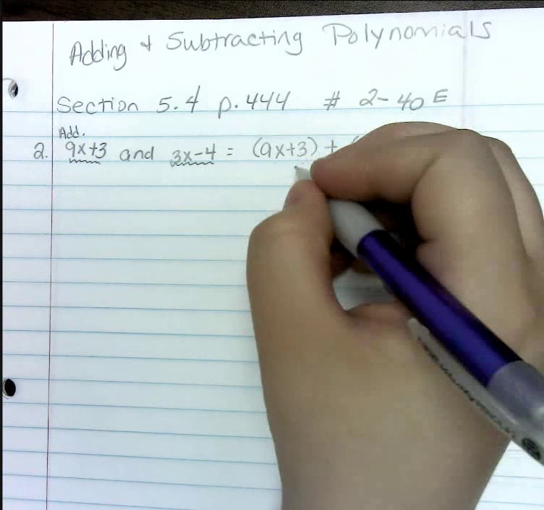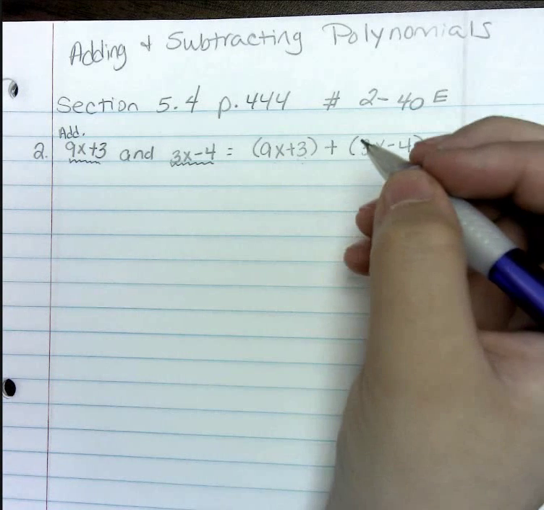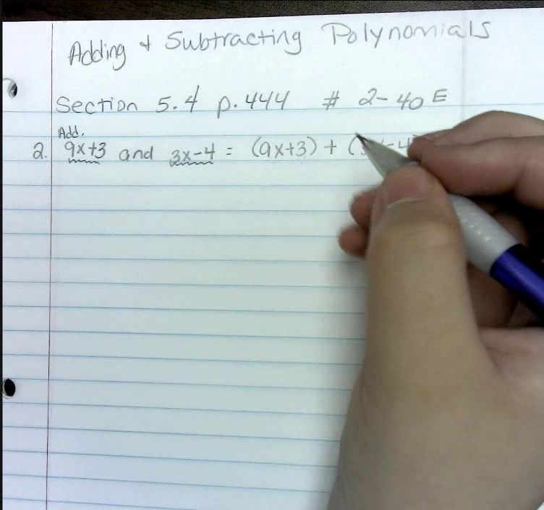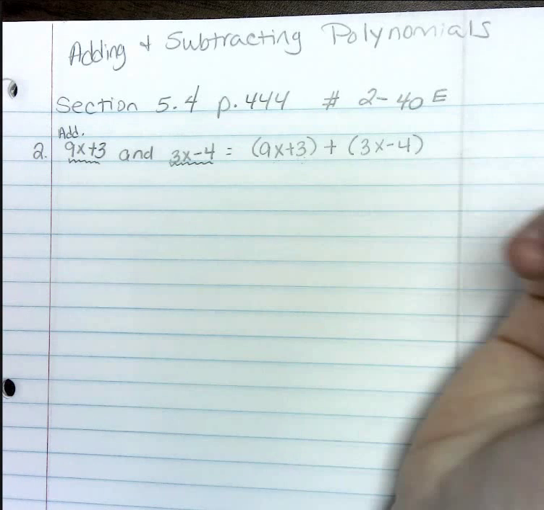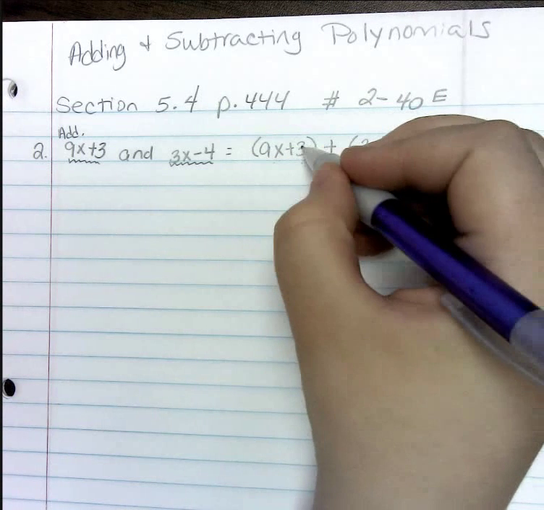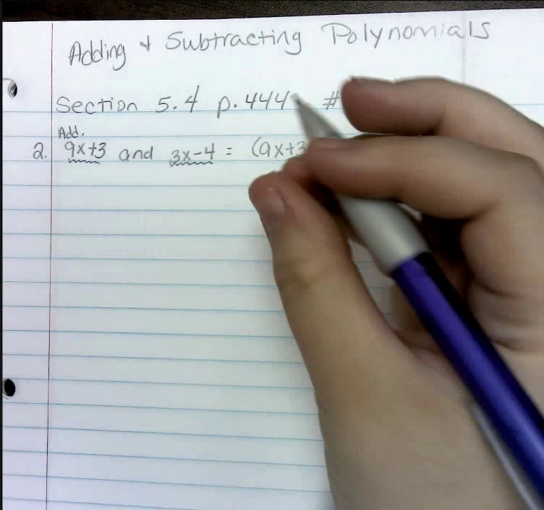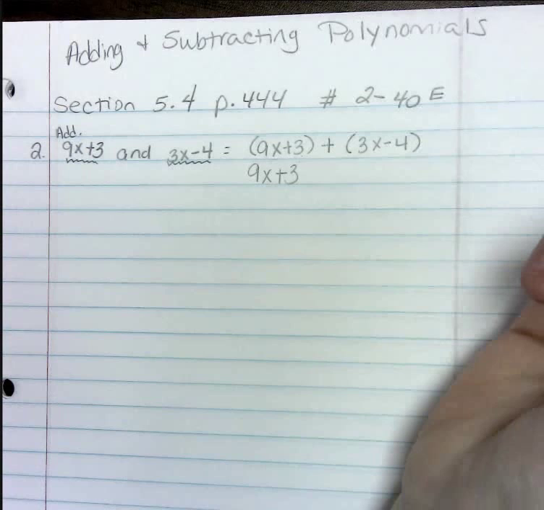So since this 3 does not have an x like the 9, they are not like terms. The second question you ask yourself, is there anything multiplying out in front? Technically, there is a 1 there, but if you multiply 1 into this set of parentheses, it won't change anything. So this 9x plus 3 can be released from the parentheses.